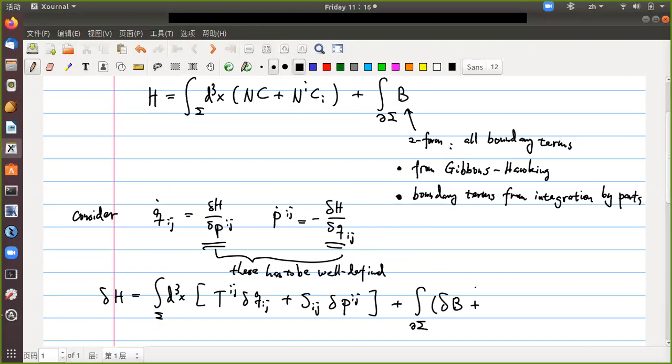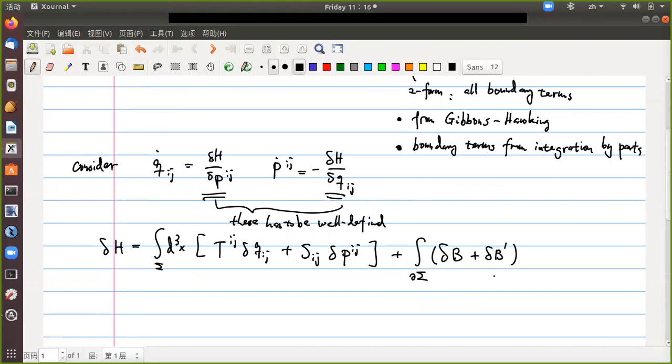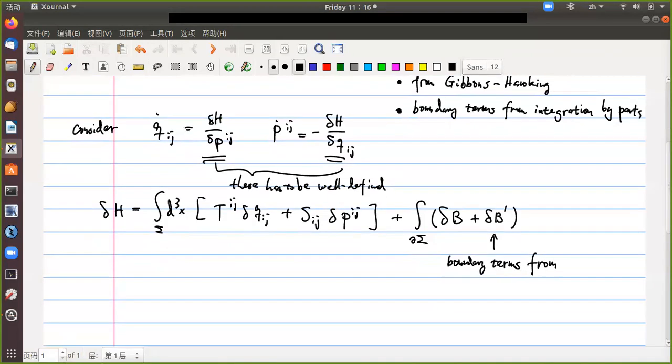And then you have additional boundary terms coming from the variation of the bulk term. So these are the boundary terms.